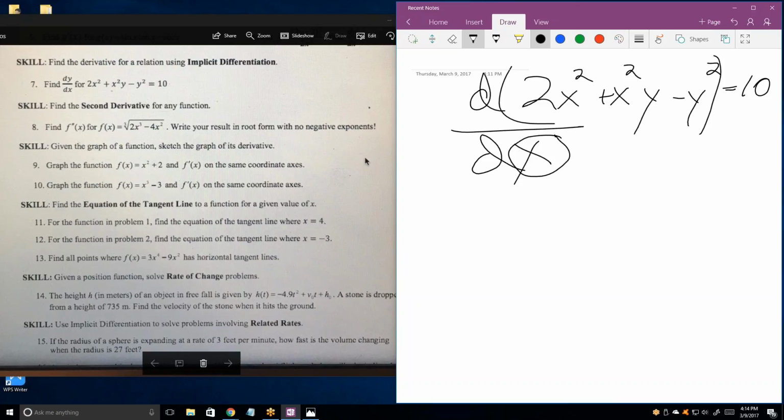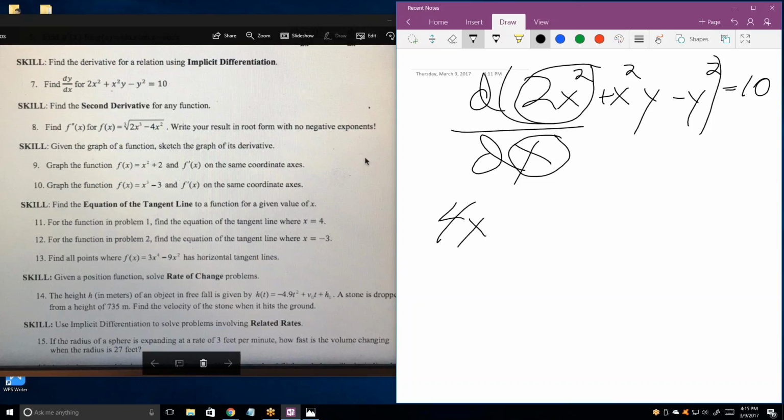So if we do this term by term, what's the derivative of that? 4x. And you could even say that I'm going to multiply this by dx dx, but that's 1, so I don't need to write it.